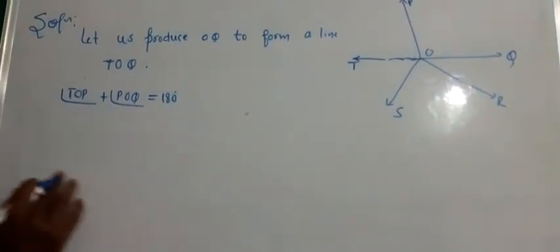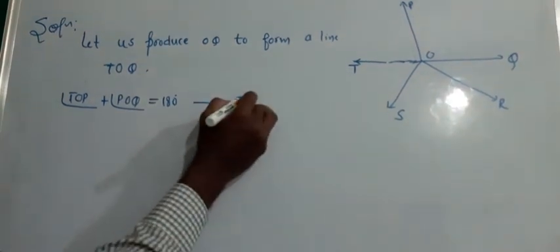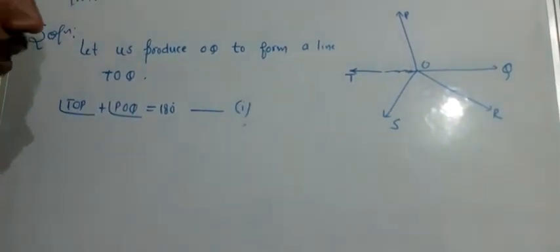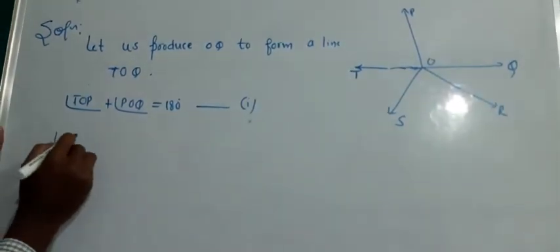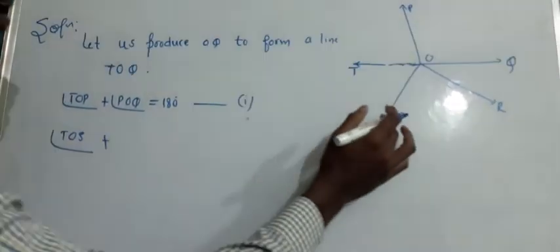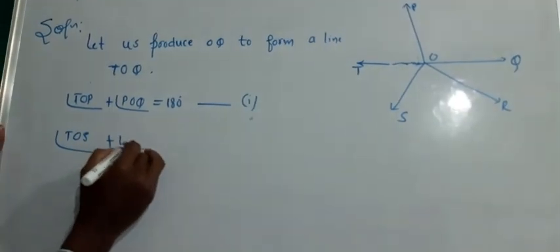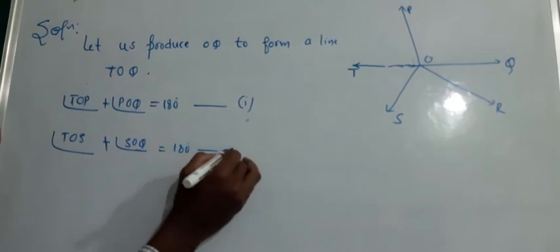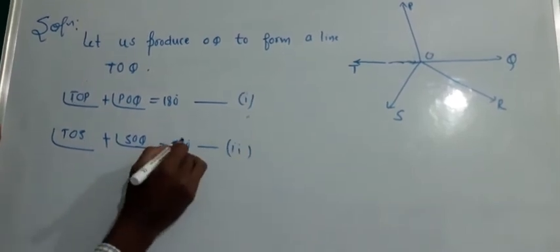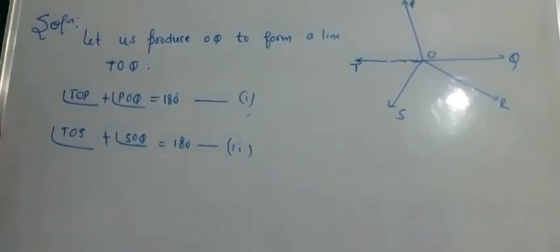I will call it equation 1. Next, angle TOS plus angle SOQ is equal to 180 degrees. I will call it equation 2 because it is going to form one more linear pair.